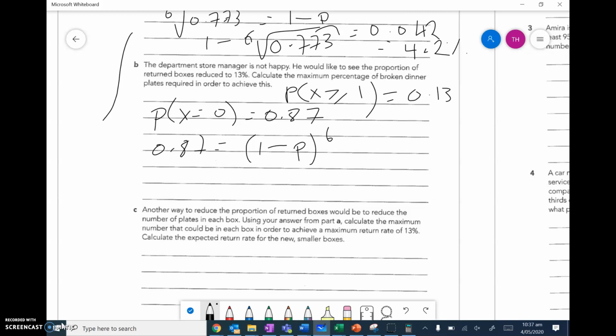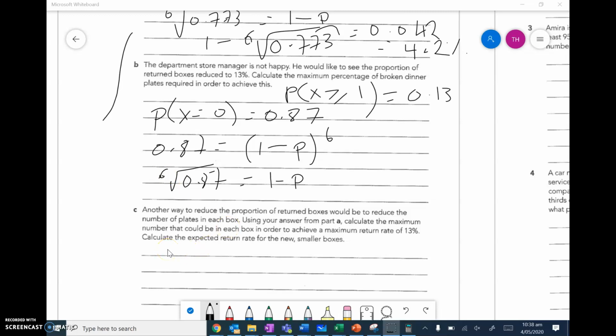Now I need to take the 6th root of 0.87, which equals 1 minus p. To get p by itself, because this is a negative p, if I took it from this side to this side, it would be plus p, and I could bring this whole thing over here and it would be minus this, so p equals 1 minus all of this.